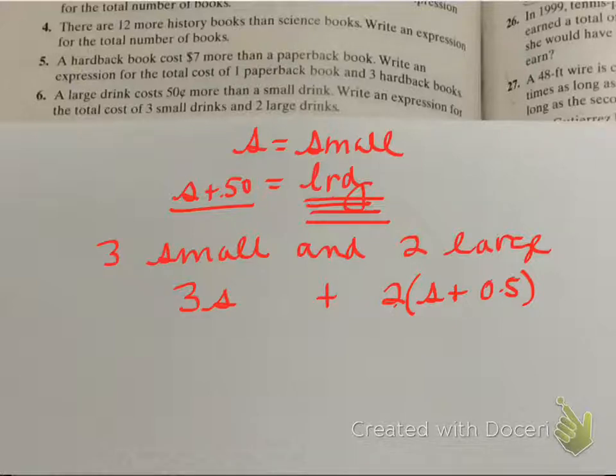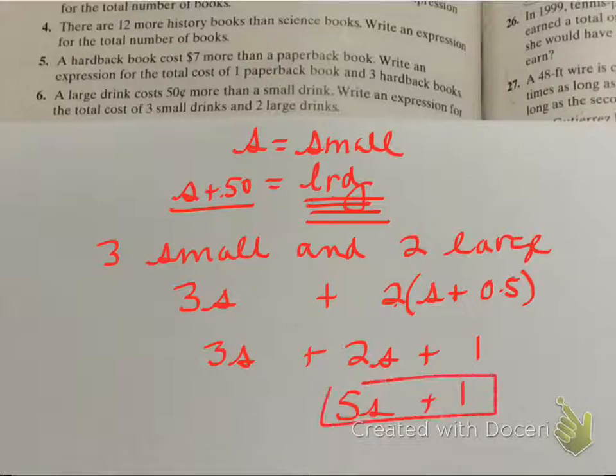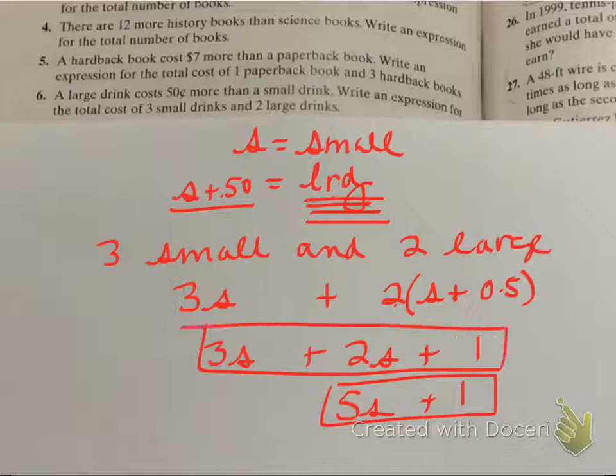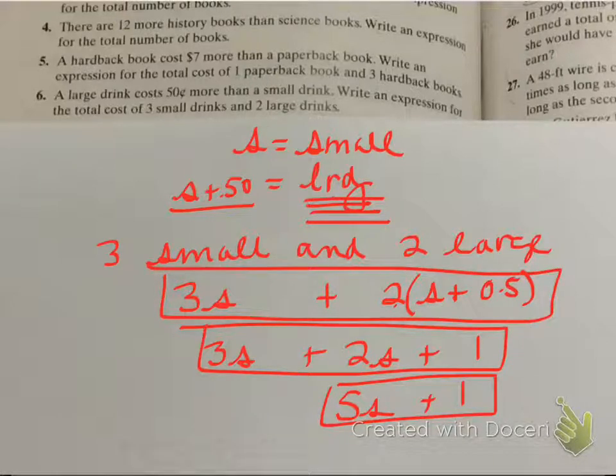Everybody say that: 2 times the quantity. Now I could simplify: 3S plus 2S plus 2 times 50 cents is $1, right? So it becomes 5S plus 1. If I simplified, all 3 of these are good expressions. Questions?